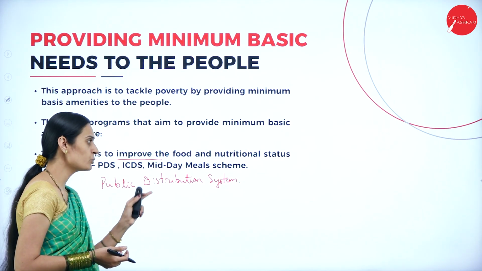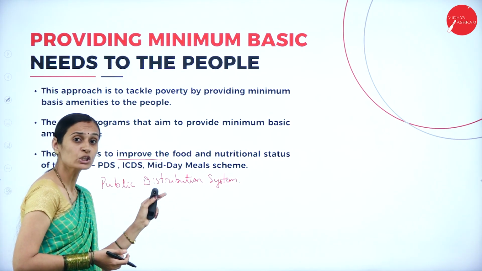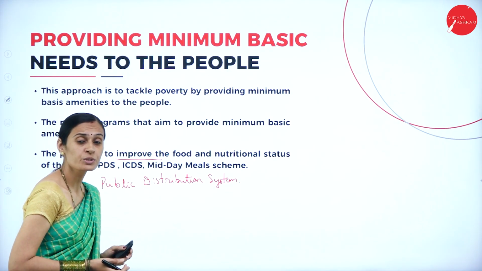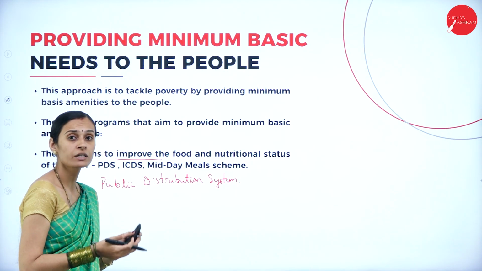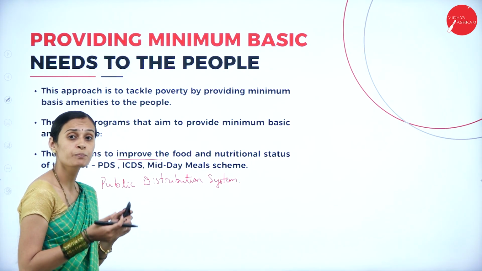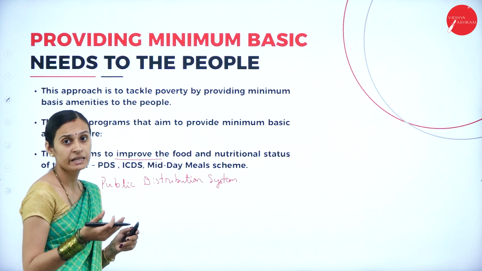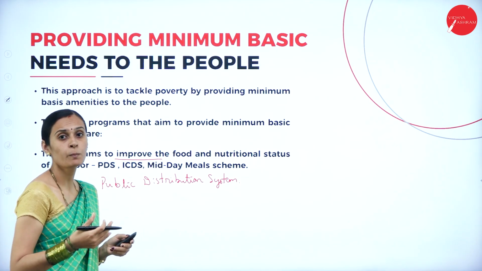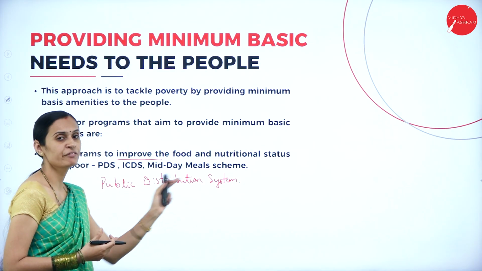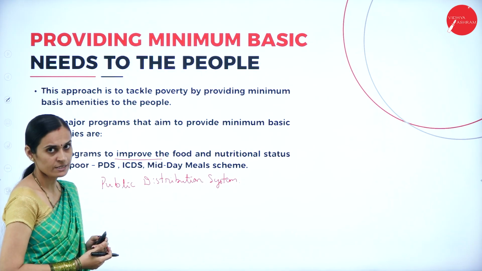It works through fair price shops, distributing essential food articles at very low prices to people who have BPL cards, those living below the poverty line. Those people can benefit from the public distribution system.